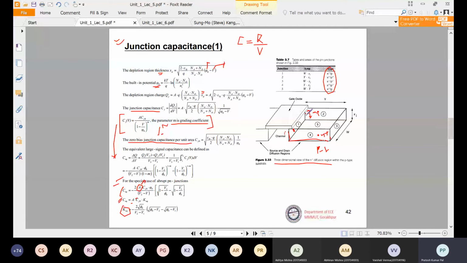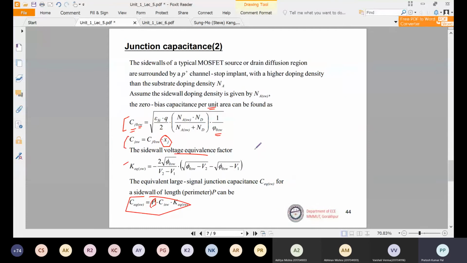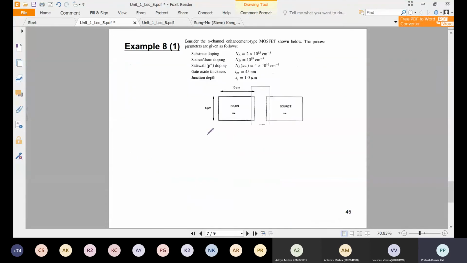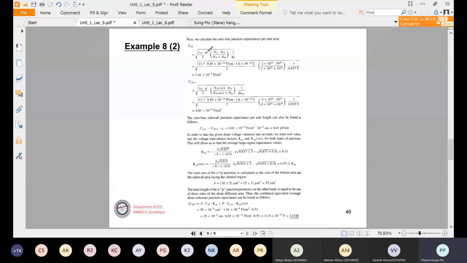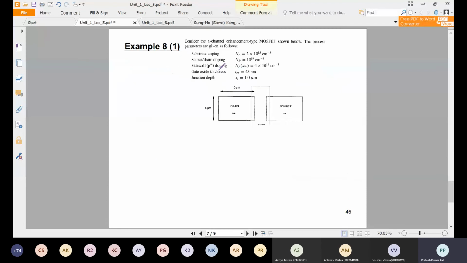Similarly, the other side walls will generate the same kind of capacitance, which will be calculated separately and added to find the overall capacitance. So this is an example of how we can find the junction capacitance, which has both the side wall capacitance and the main area capacitance. We will find them one by one.